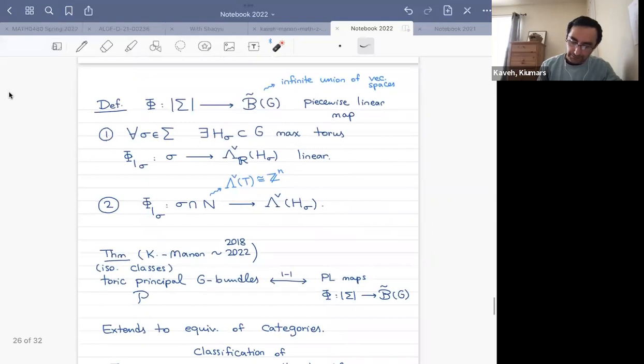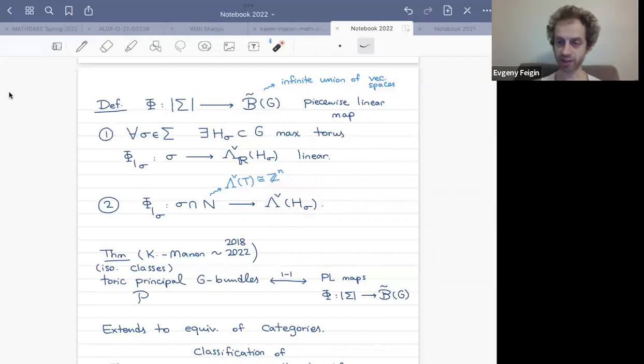Okay. And then recall that the Tits building or the tilde was the cone over the Tits building, an infinite union of vector spaces corresponding to maximal tori, co-character lattices of maximal tori. Kiumars, I'm sorry, may I ask one more clarifying question? Please.